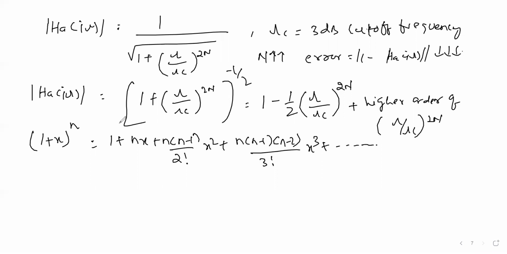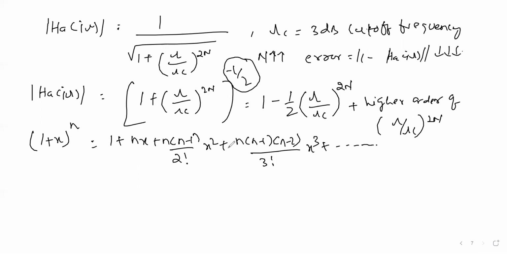Now simply replace n by minus 1 by 2. So first we get 1 minus half x, where x is (omega by omega c) to the power 2n.